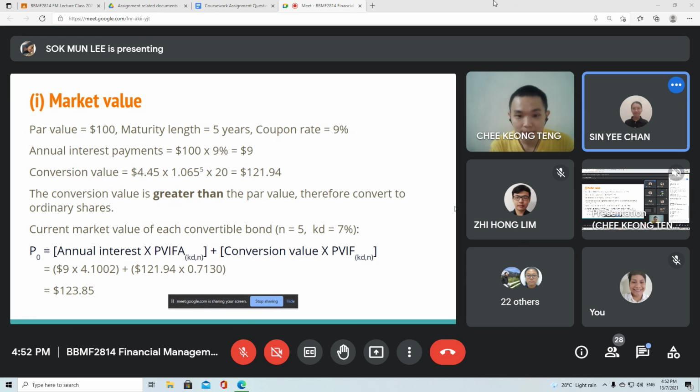As the conversion value is greater than the par value, we convert to ordinary shares. So the current market value of each convertible bond is equal to the annual interest times the PVIFA plus conversion value times the PVIF. We will get 123.85.